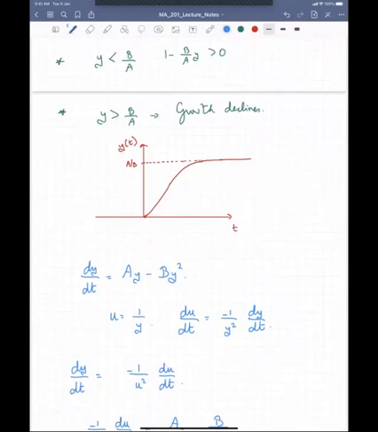Just a second. Okay. Figure 21 in the book. Yes, that's what you mean.